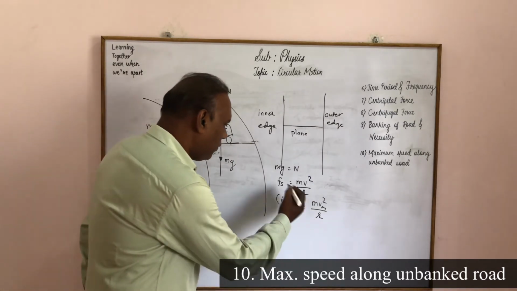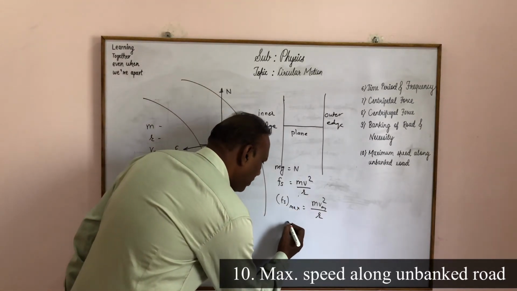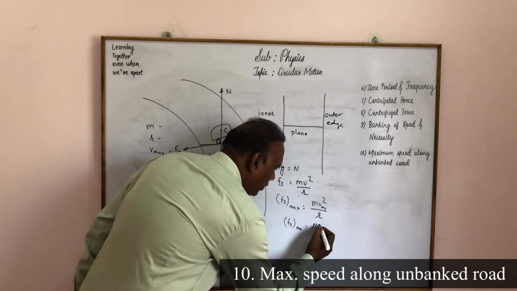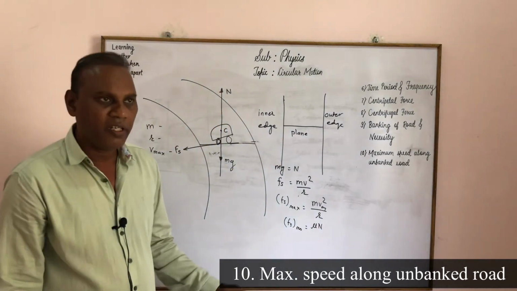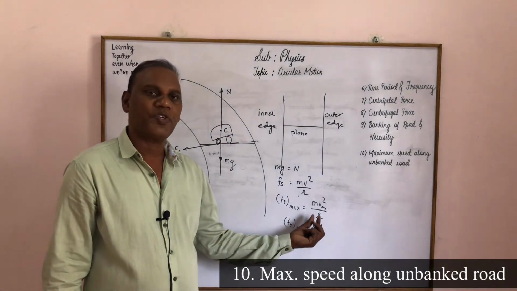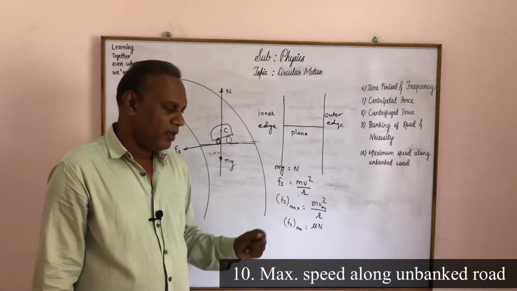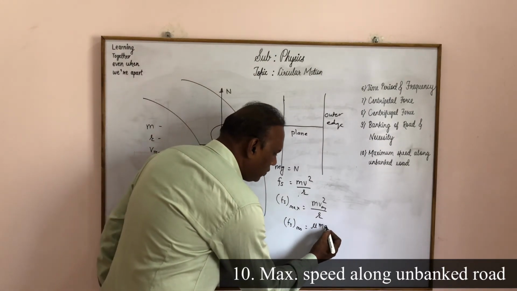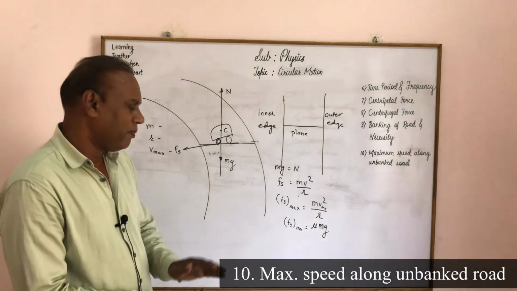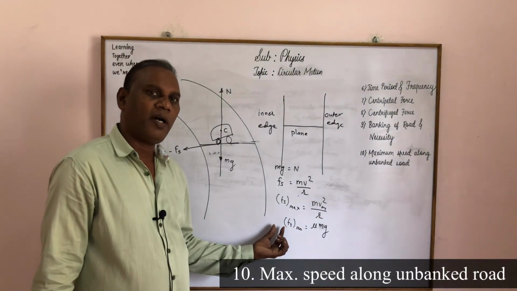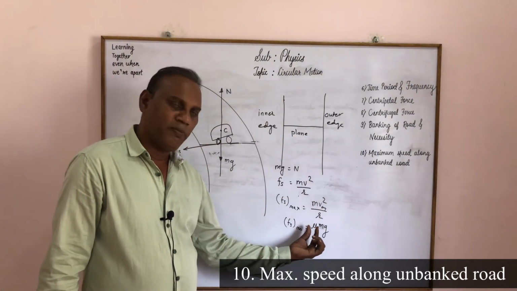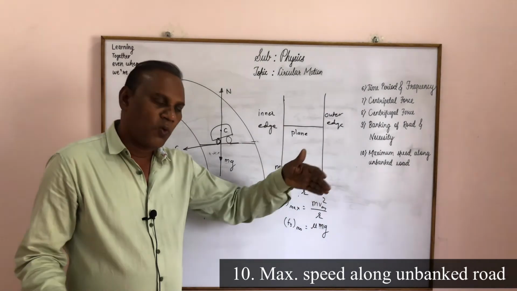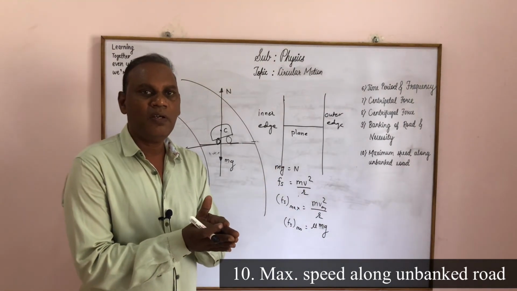So the maximum force is given by fs max equals mu N, where mu is the coefficient of friction and N is replaced by mg because N equals mg. Therefore, the maximum or upper limit of the frictional force is mu mg, and the maximum frictional force provides the centripetal force.